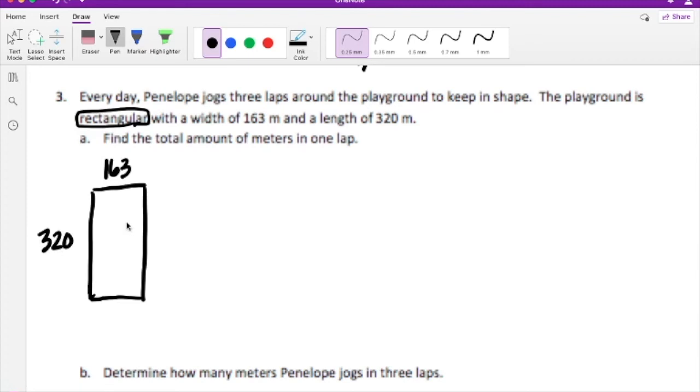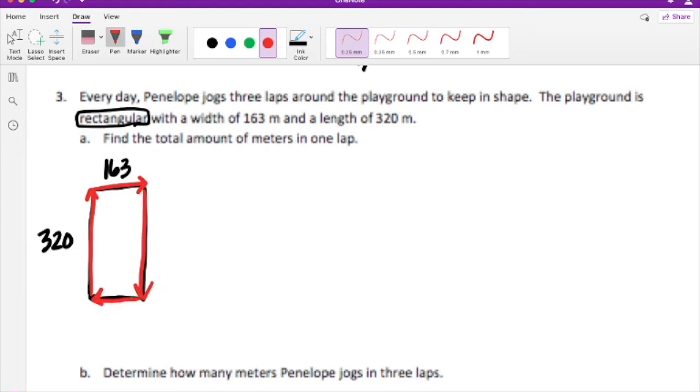It says every day Penelope jogs 3 laps around the playground to keep in shape. What is the total amount in meters in 1 lap? So they want to know, she goes around this 1 time. What is that total?